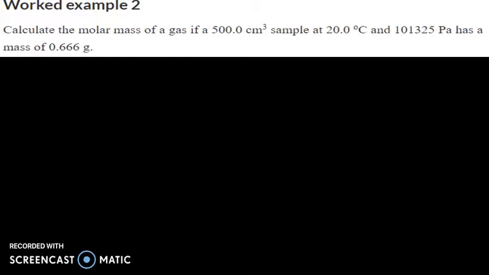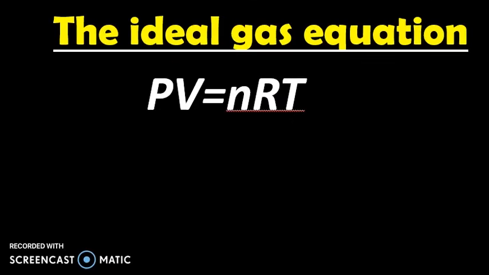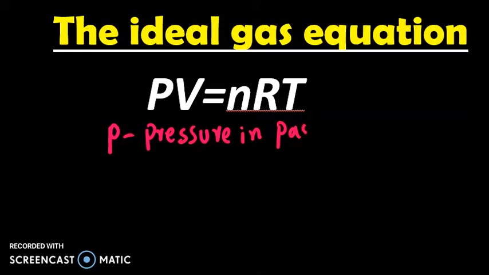So before we solve this question, let me introduce you to the ideal gas equation, which is given to us as PV equals nRT. So let's define all the letters here. P stands for pressure in Pascal.